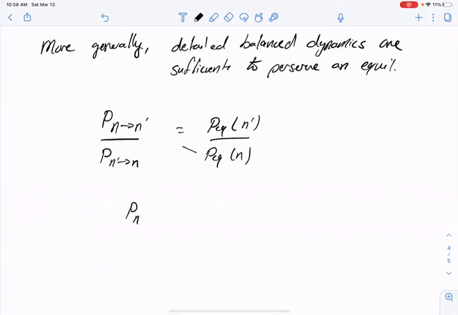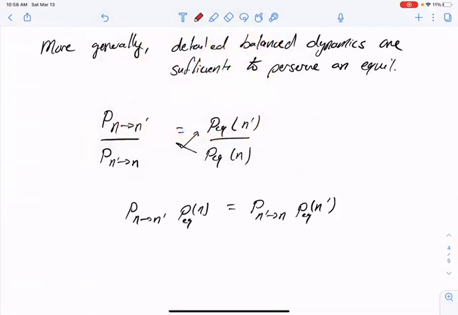If I move those to the right and left-hand side, the probability of going from n to n prime times the probability that I was in n to begin with is balanced by the probability of leaving n prime to go to n times the probability that I was in n prime to begin with. That says that between states n and n prime, there is no net flow of probability.